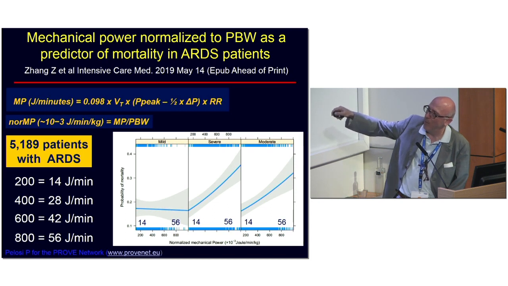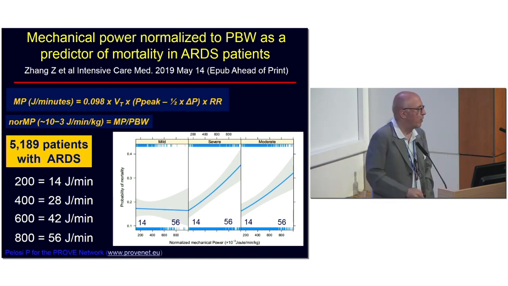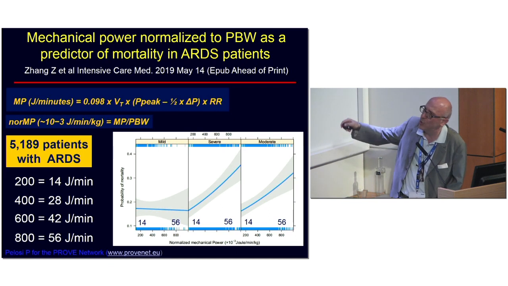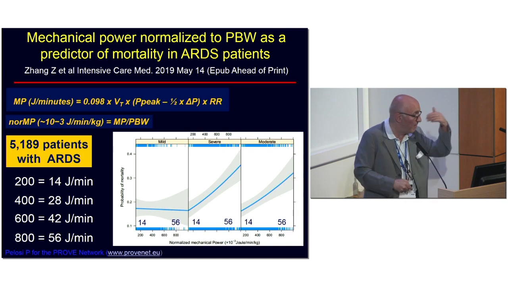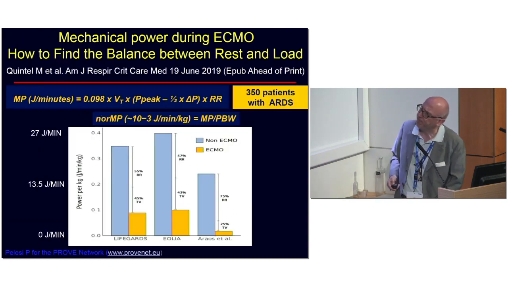And you see when you are above 17 or 20, the higher it is, the higher the risk. So a little bit different compared to our study. Our study showed that even in mild or non-ARDS patients, we had an increase in mortality when the threshold was higher than 17. But in severe and moderate, the relation between mechanical power and mortality seems to be even stronger.